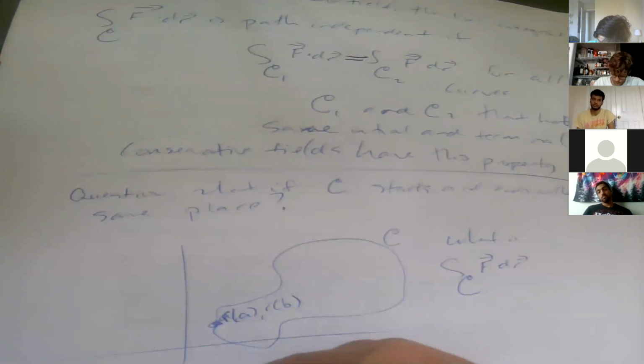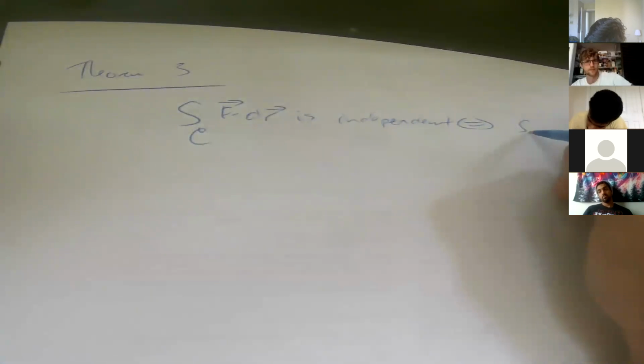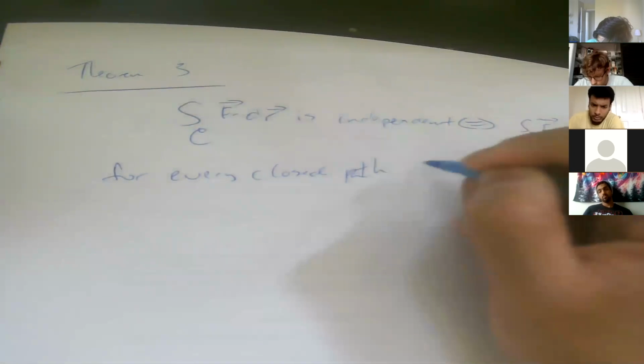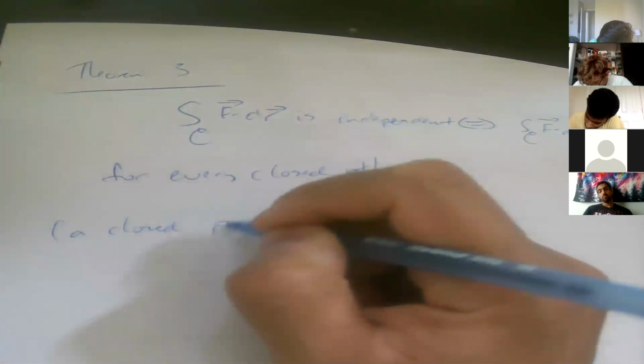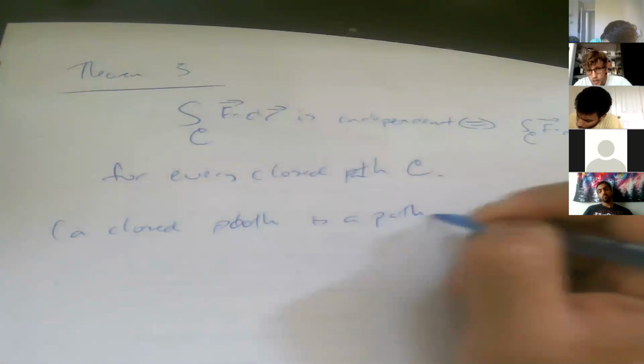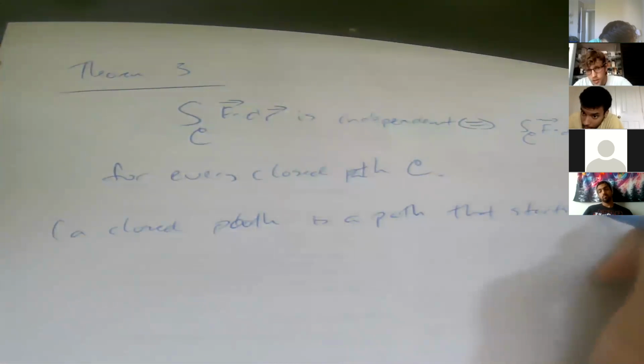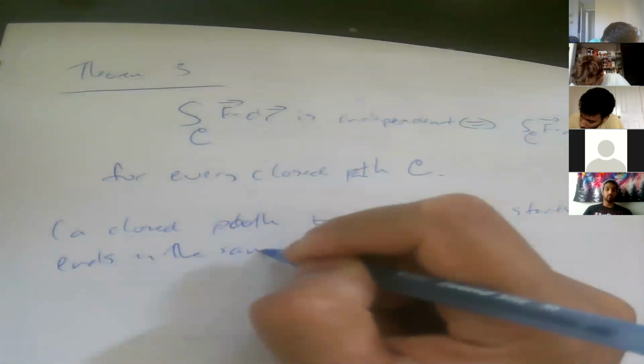It says the integral over C of F dot dr is path independent if and only if the integral over C of F dot dr equals 0 for every closed path C. A closed path is a path that starts and ends in the same place.